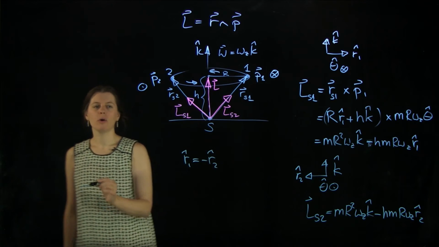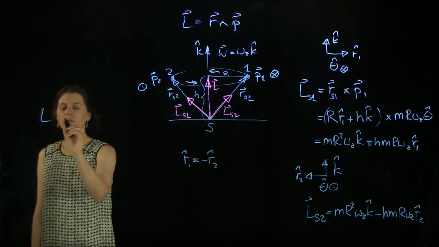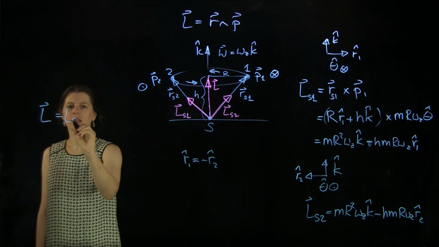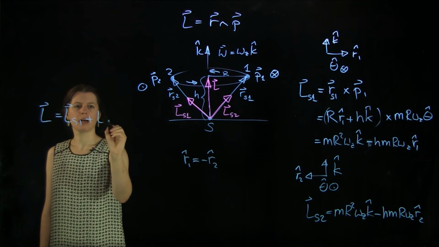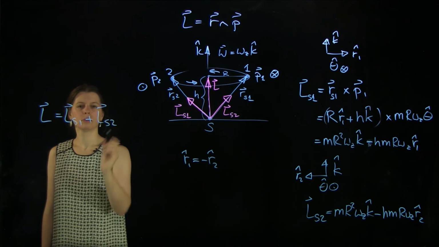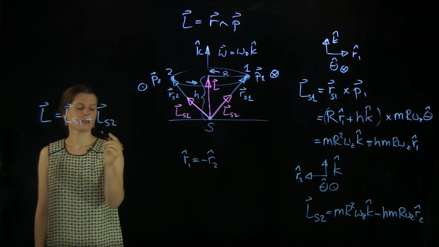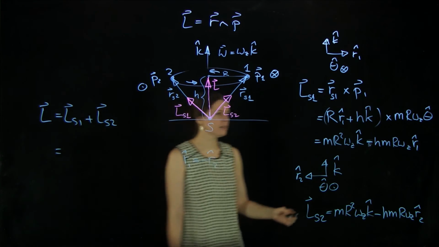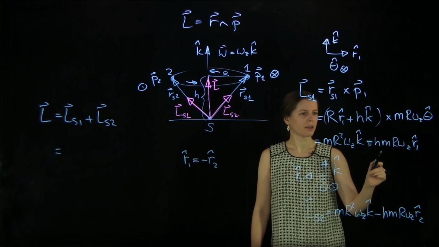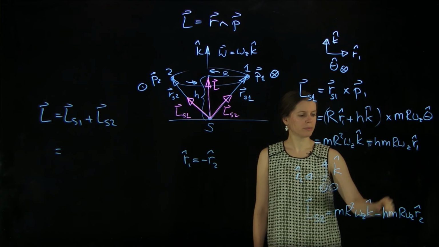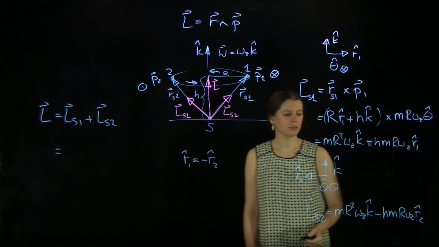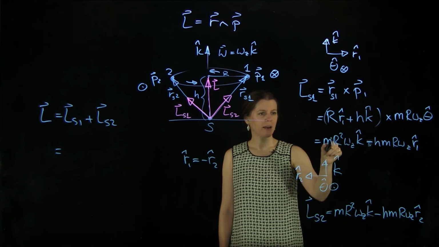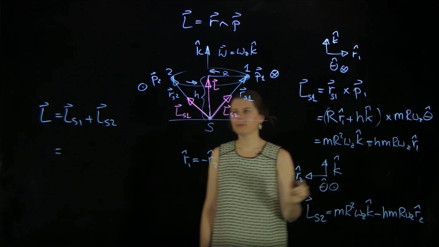When we now put it all together, we want L equals LS1 plus LS2. We can tally this up, and we will see that the r hat term falls out, and we are left with 2 times the first term.